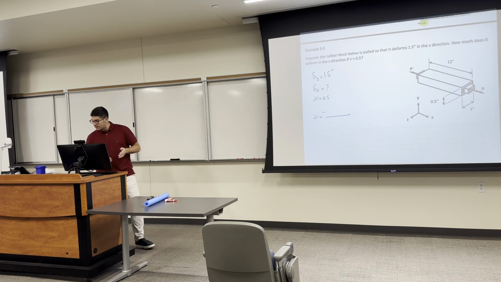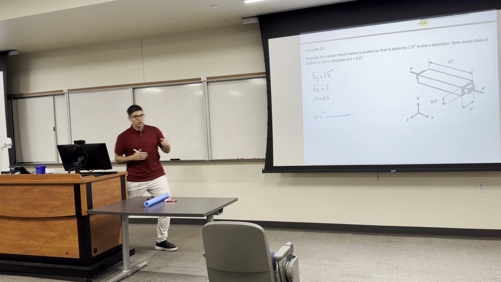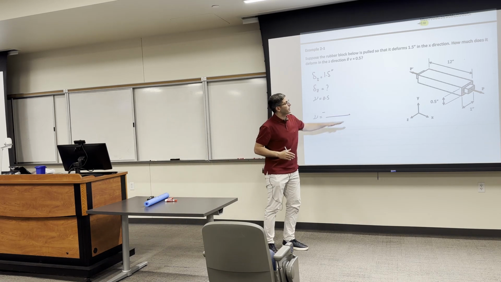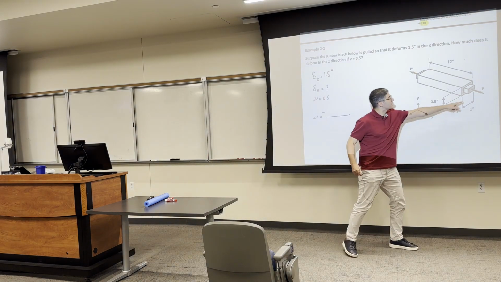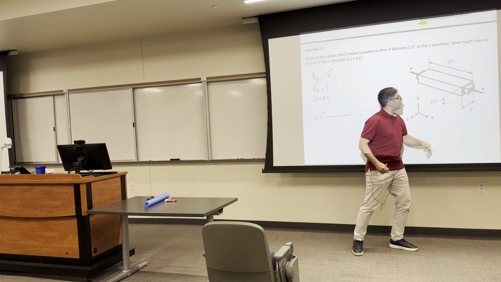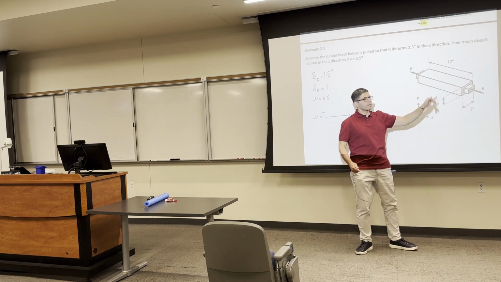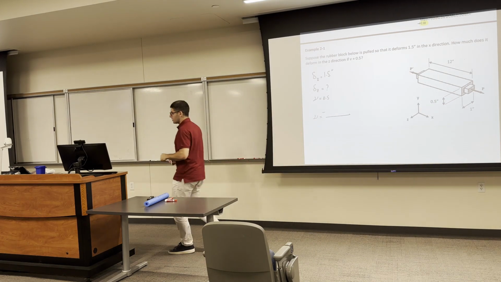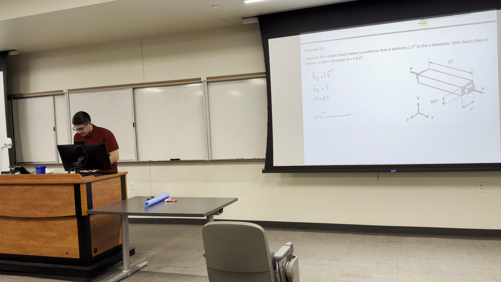Now I'm interested in the z direction. So I have two laterals, either this lateral or that lateral. And this is the longitudinal direction, which is the largest length. So I would say epsilon lateral over epsilon longitudinal.